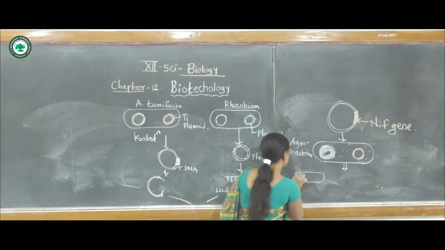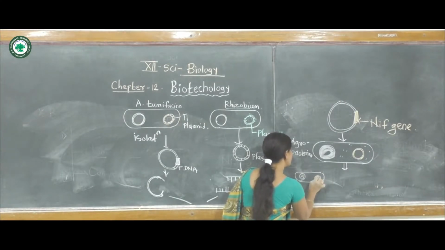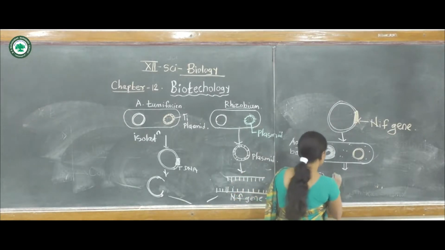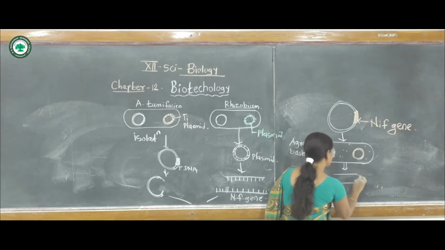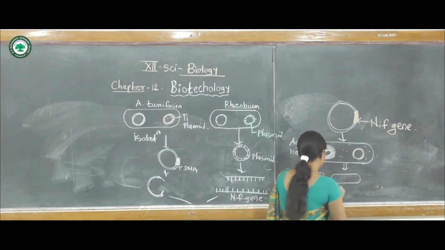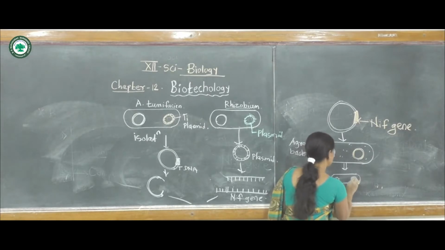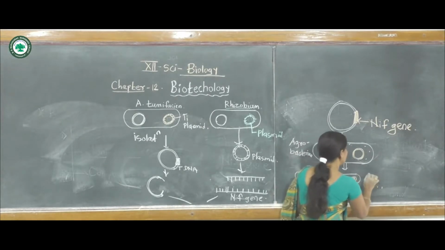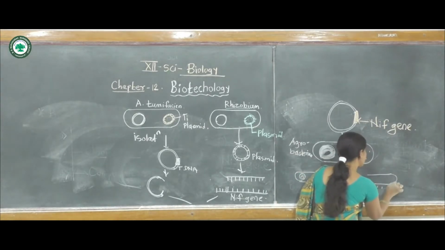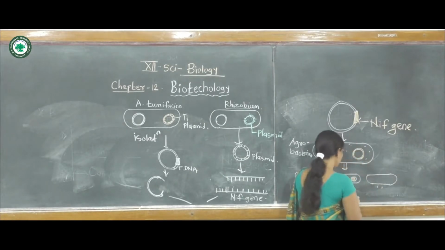Many cells are produced, and the nif gene is also inserted in the cell and multiplied. A number of copies of these bacterial cells are produced, and clones are formed.